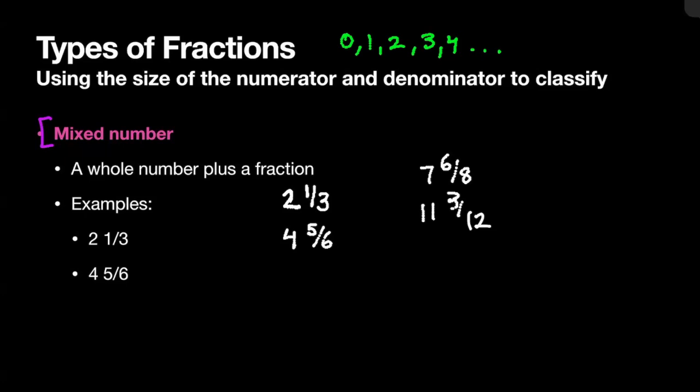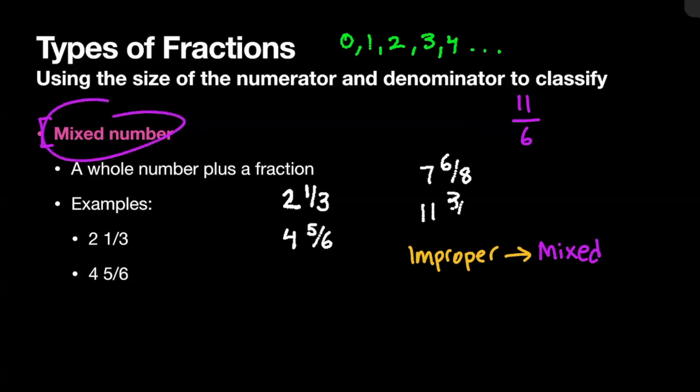So let's see, how do we get from an improper fraction to a mixed number? Let's take one improper fraction. For example, we'll take 11/6. We want to write this one as a mixed number.